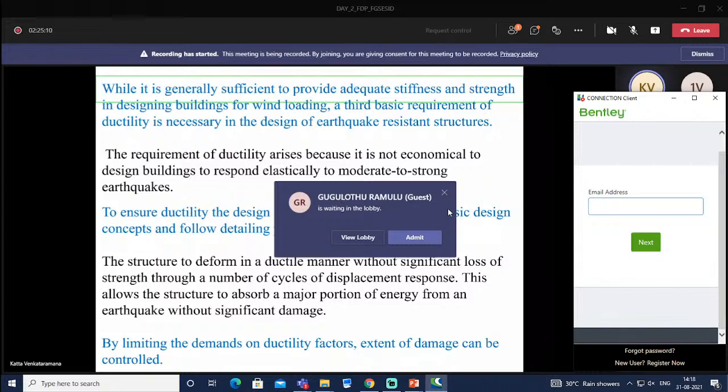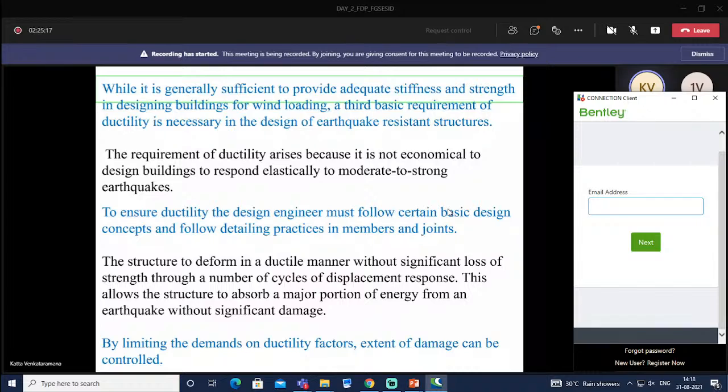So when we are having a severe earthquake, we expect that the building responds inelastically. To ensure ductility, the design engineer must follow certain basic design concepts and detailing practices in members and also in joints.